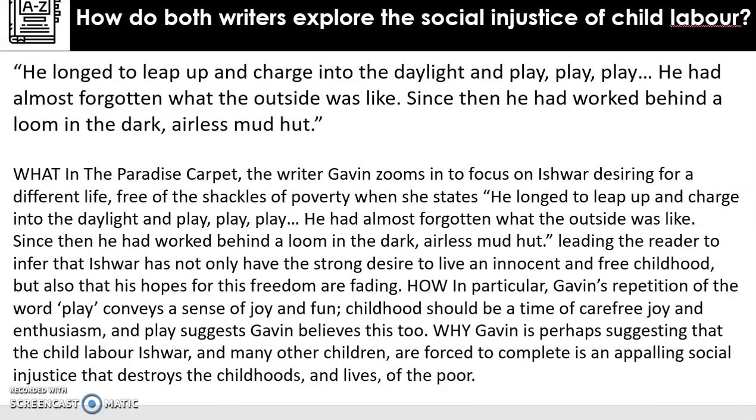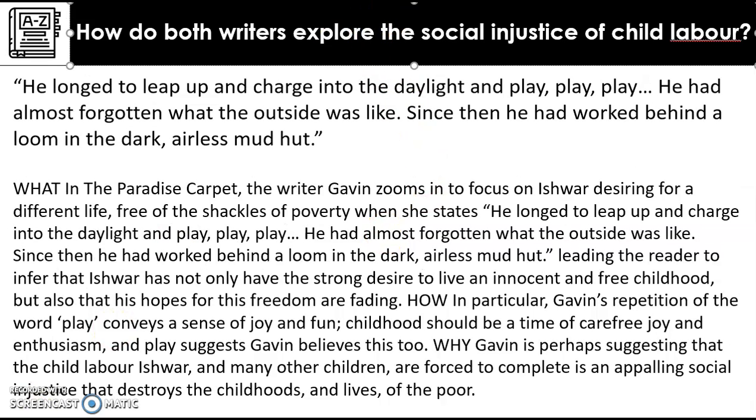So that's my quote. First, the what part: what I can infer from the whole line. In the Paradise Carpet, the writer Gavin zooms in to focus on Ishwa desiring a different life, free of the shackles of poverty, when she states, "he longed to leap up and charge into the daylight and play, play, play.